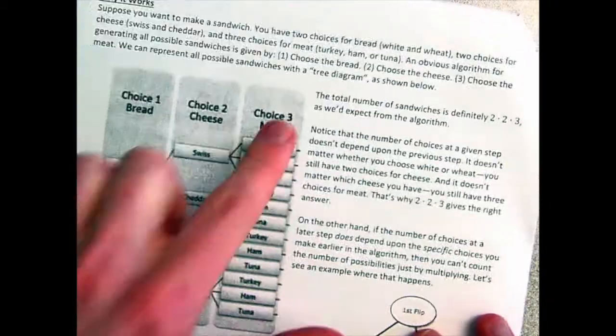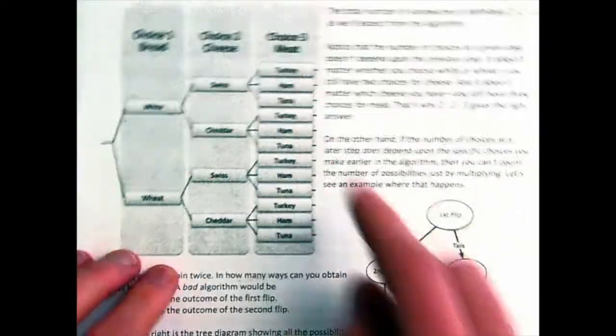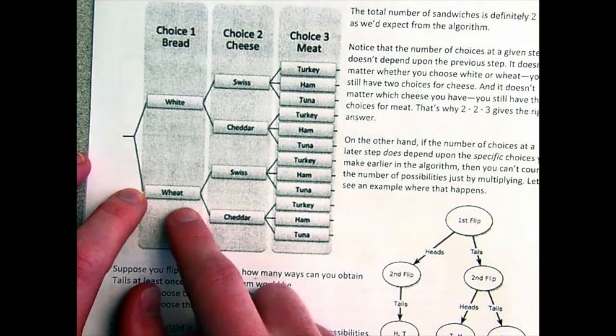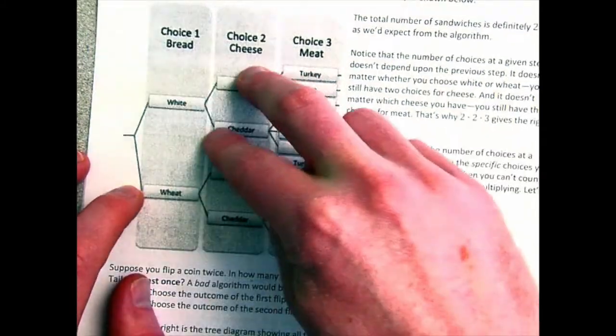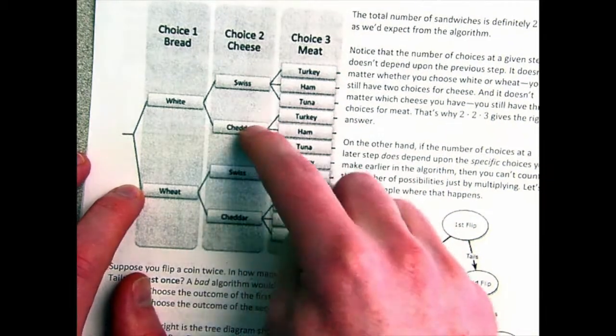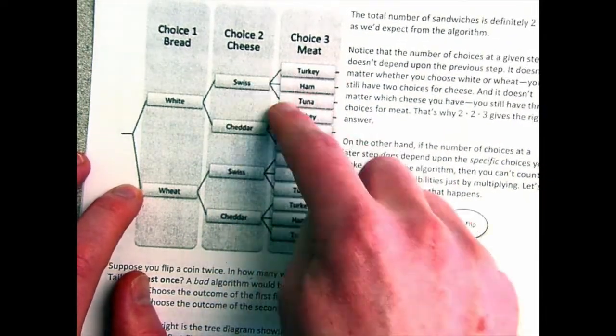The reason why the number of branches here is just 2 times 2 times 3 is that no matter which bread you choose, white or wheat, you still have 2 choices for cheese. And no matter which cheese you choose, you still have 3 choices for meat, okay?